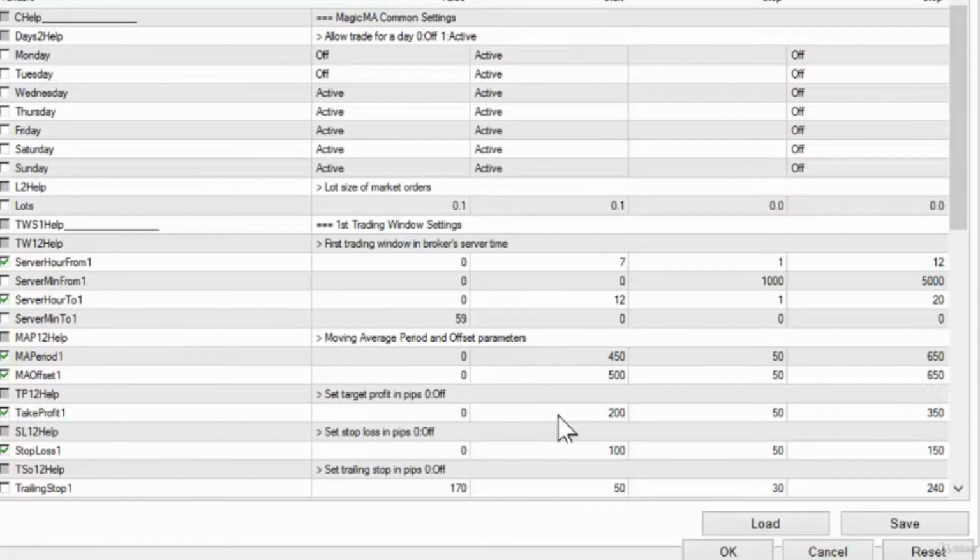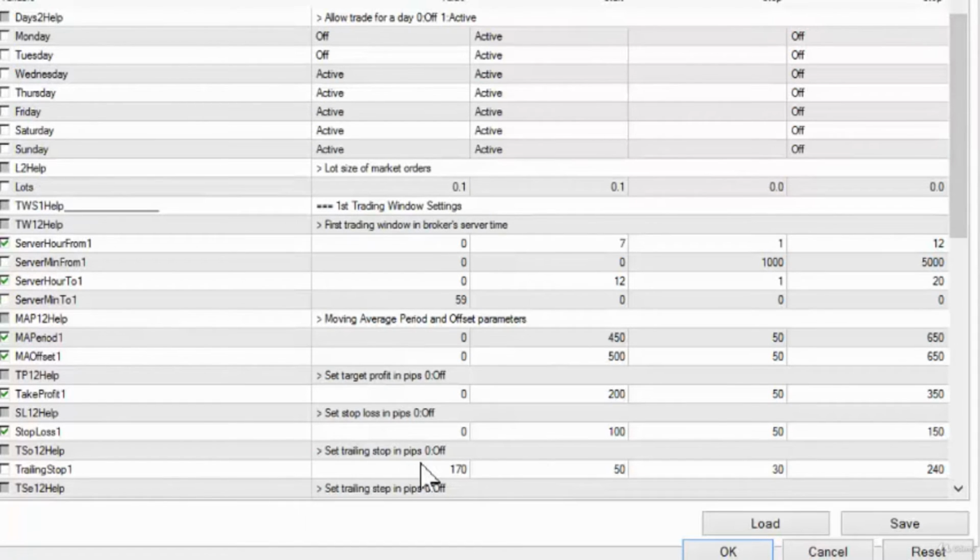The take profit, we've noted that anything over 200 is good up to 350, and the stop loss, anything from 100 to 150 is good. And then the last input is actually the trailing stop. So we've catered for all of the settings that we've identified in the previous exercise using the graphs.